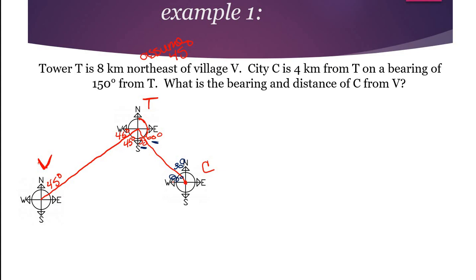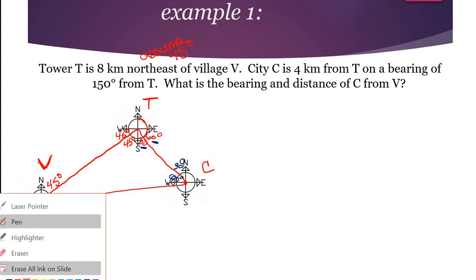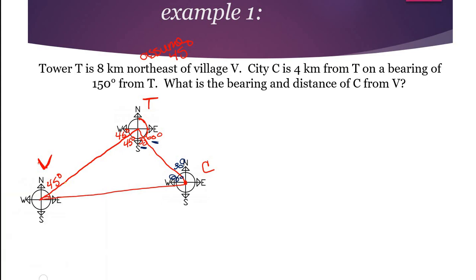All right, and then we are going to see what is the bearing and distance of C from V. And here's where we have to be careful. So I tried to draw this. So if you look really closely at this section right here, you'll notice that the line connecting C and V doesn't come in directly east-west.